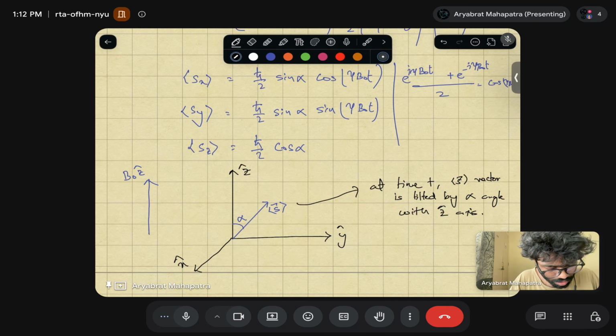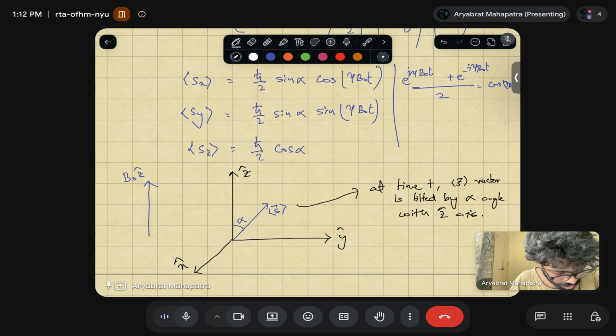And it is not just tilted, you will find that it is precessing, meaning it is rotating.